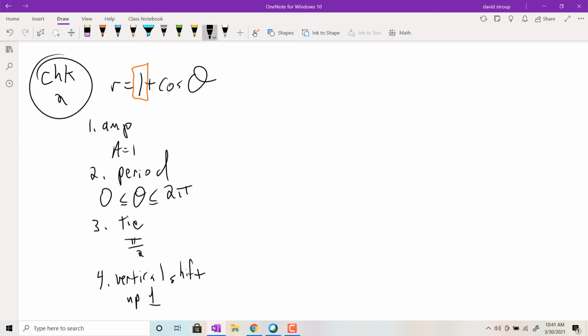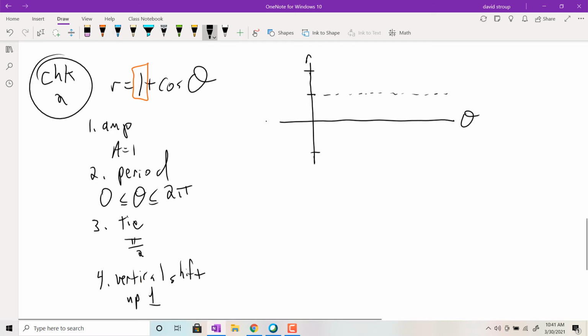Okay, so let's graph this in the r theta plane, and then we'll go to the polar coordinate system. Again, theta is on the x-axis and r is on the y. The amplitude is 1, but it's shifted up 1, so you get a new center. You could, of course, graph it and then shift it. So these are pi over 2, 2 pi over 2, 3 pi over 2, 4 pi over 2.